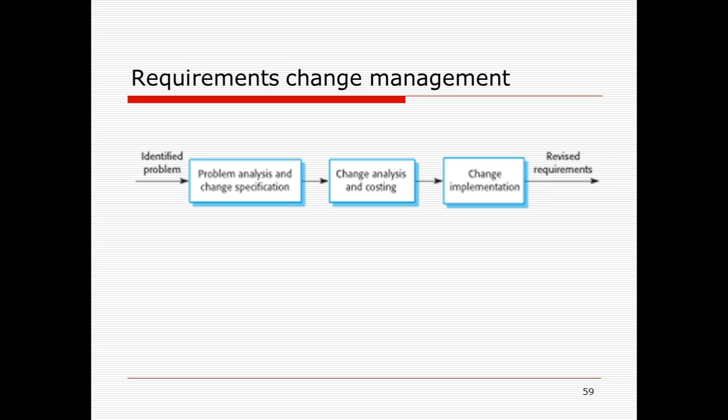Then change analysis and costing is done: how much cost will be required and what kind of changes will be required. Finally, change implementation is done, and the revised requirement is found after this. That is how the change in the requirement gets implemented. Thank you.